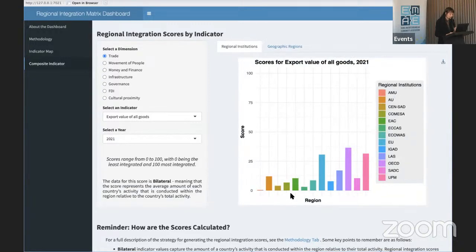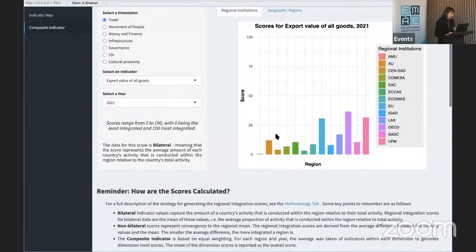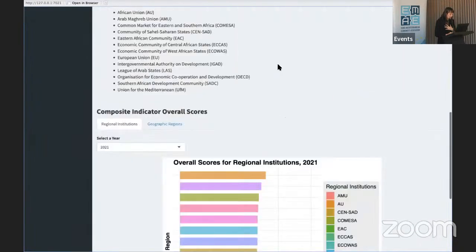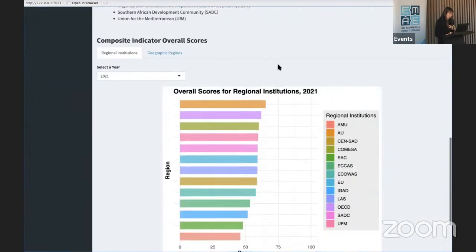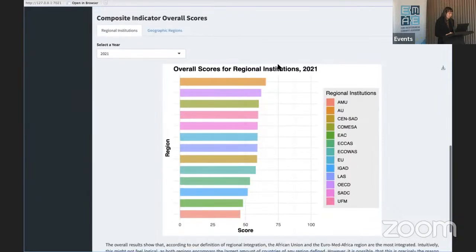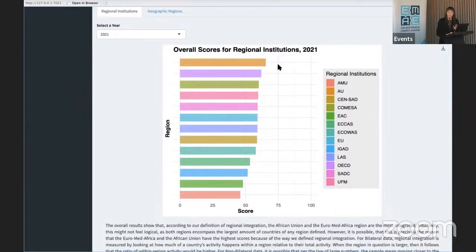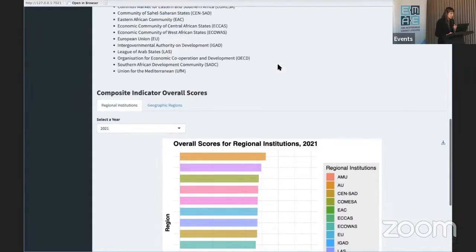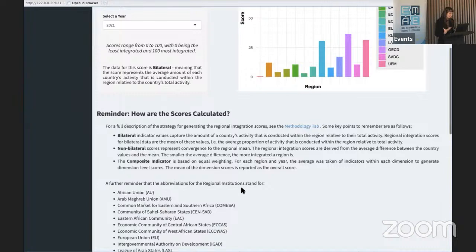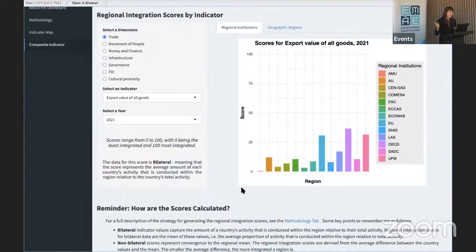Here are all the scores for the regions mapped individually by indicator, and at the bottom, I have it done by overall score. I think I might stop there so we can have a bit of discussion, and it might be better if I can answer questions. But yeah, there it is.